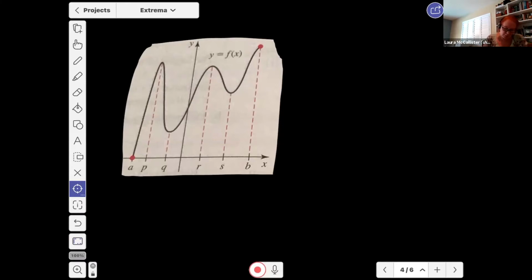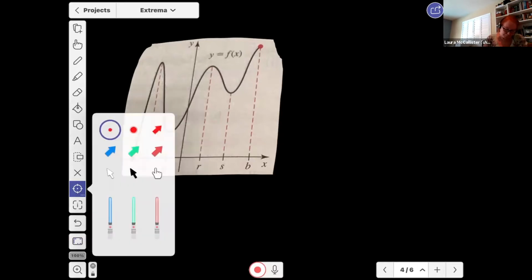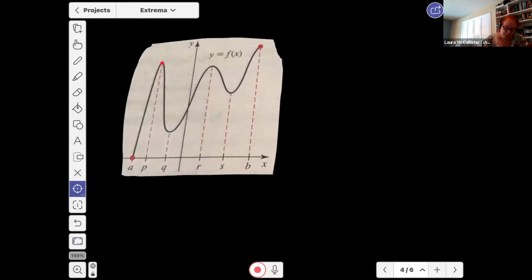So what we're talking about here is if we look at P, it's not saying it's the absolute highest, right? So P would be considered a local max.